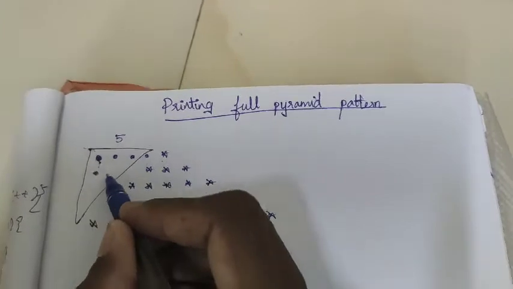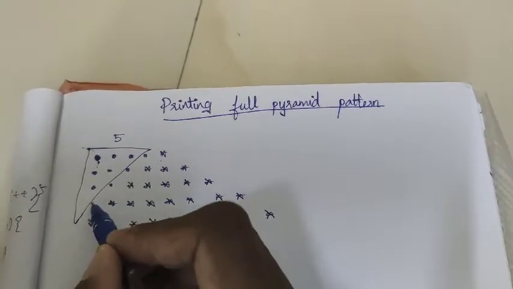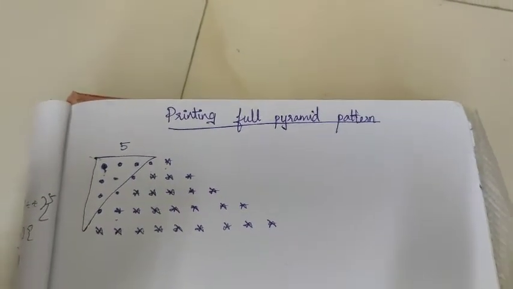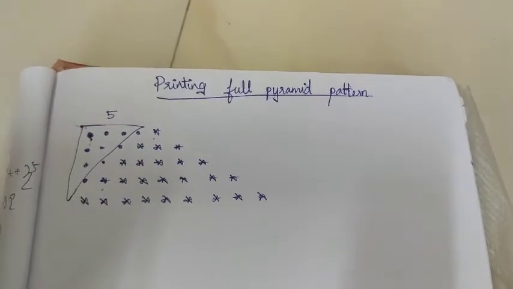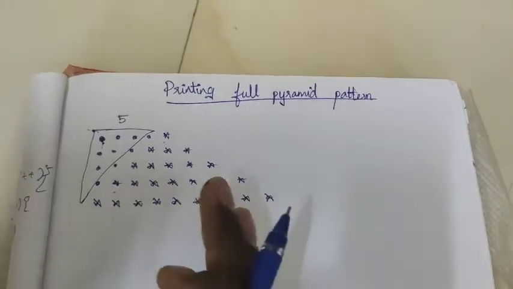In the second row we have 3 dots, in the third row we have 2 dots, in the fourth row we have 1 dot, and in the final row we don't have any dots, right? So in the program, first we are going to print spaces.